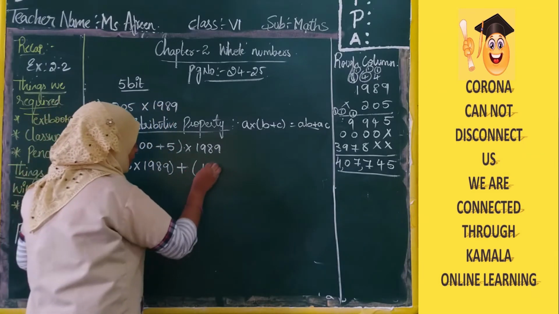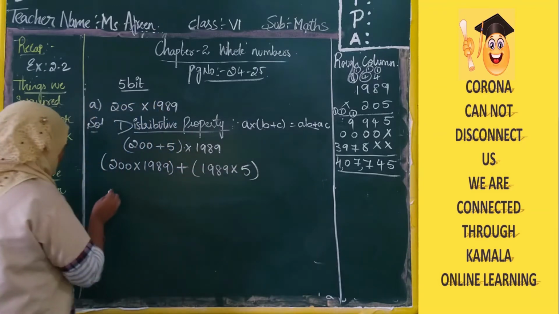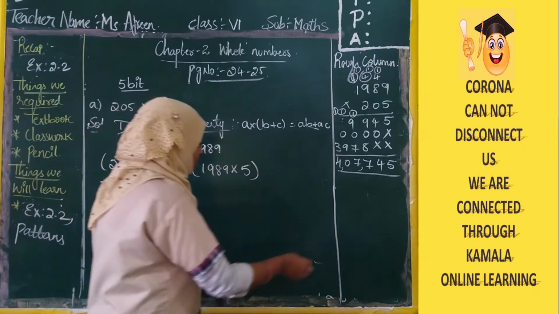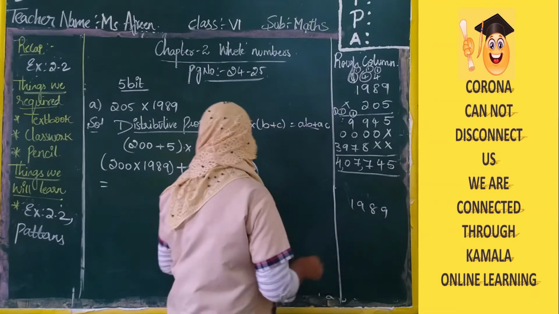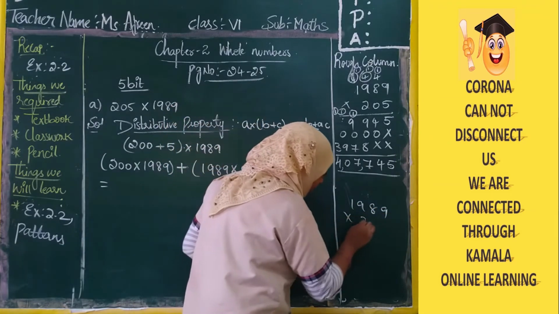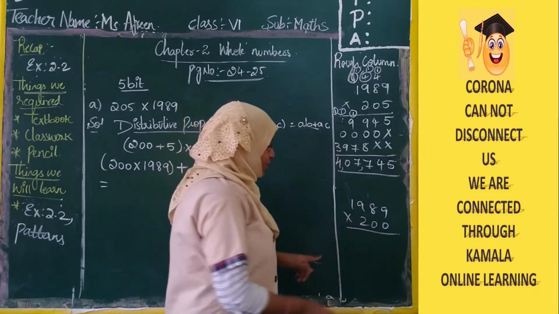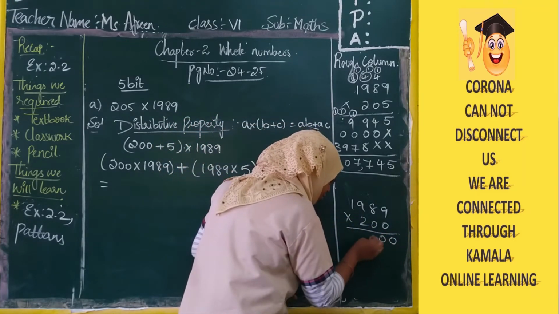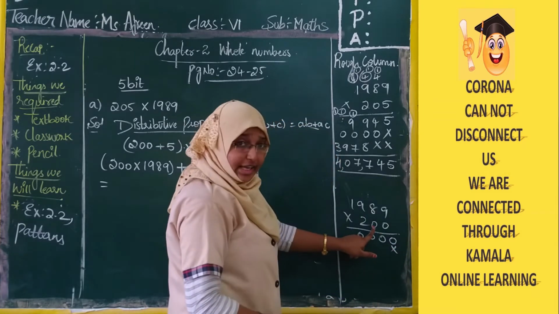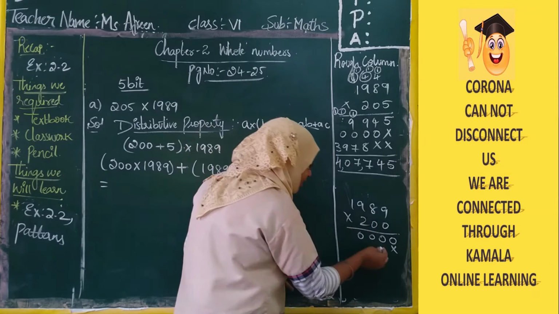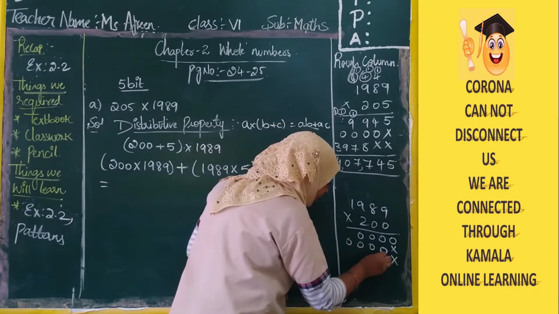Next, 1989 into 5. So let us make this 1989 multiplied with 200. The starting digit is 0 at the ones place, so for 4 digits you will get 0. Next, moving to the tens place, here also 0, again we get 0. Whenever you multiply 0 with any number, you will get 0.